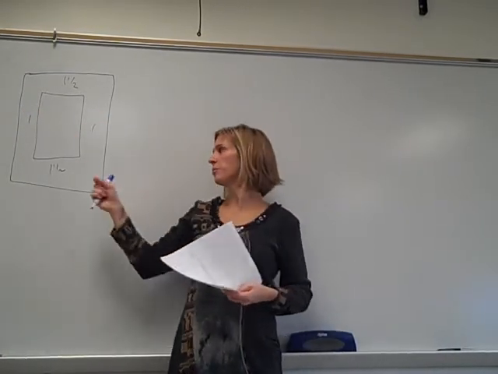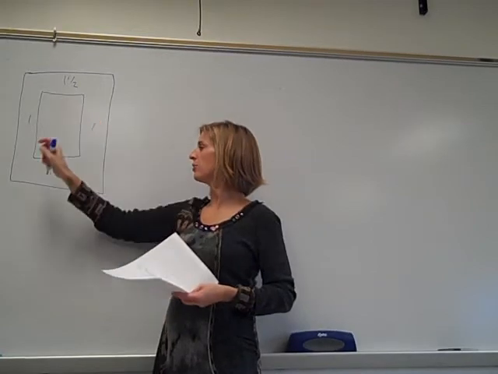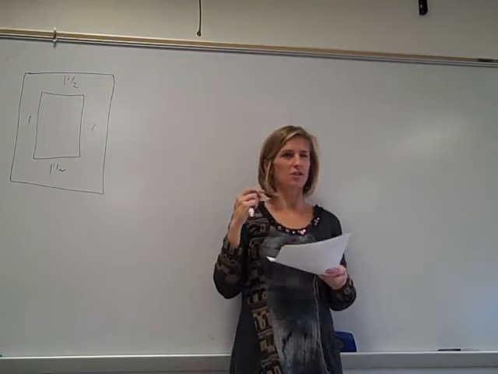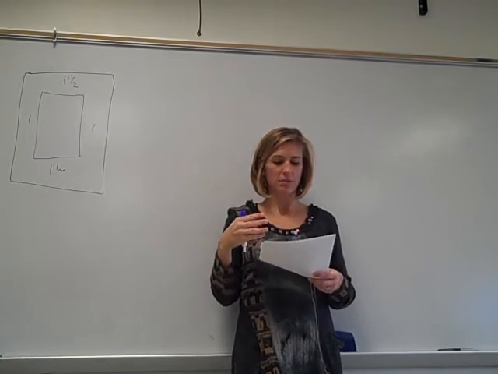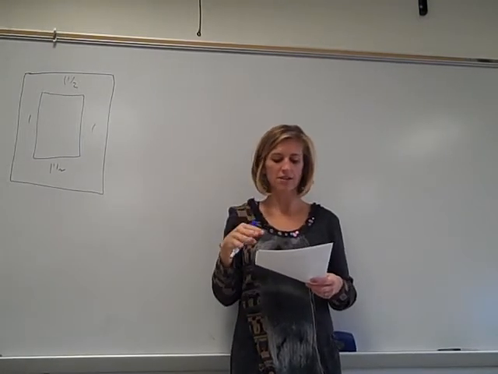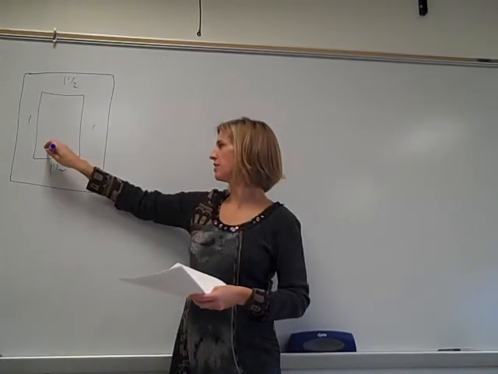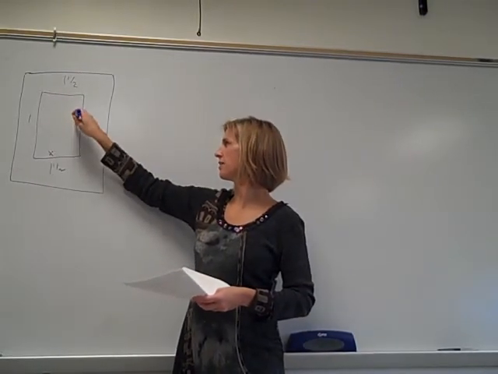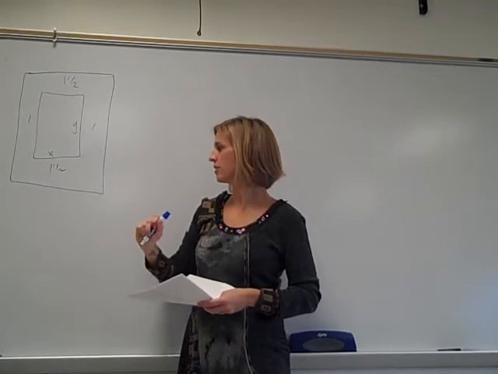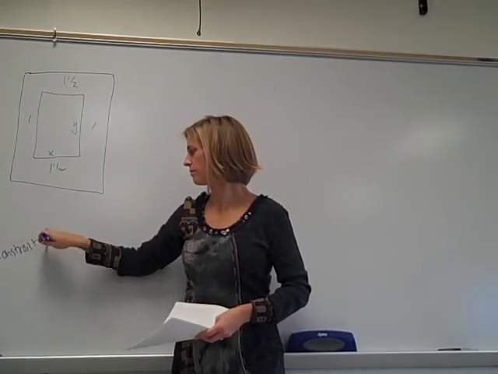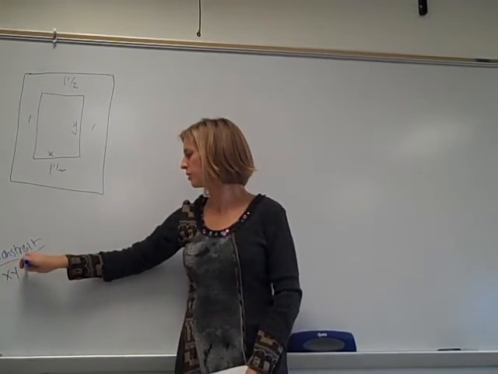You can call the print X by Y, or you can call the page X by Y. There's one way that's a lot easier. Because they tell you the page is to contain 24 square inches of print, it's going to be a lot easier if I call this length X and this height Y, so that my constraint is just X times Y equals 24.